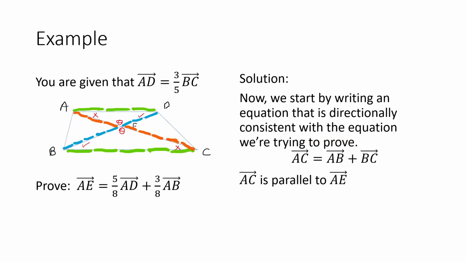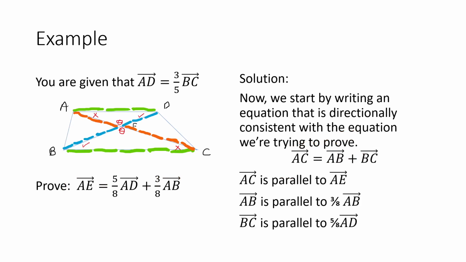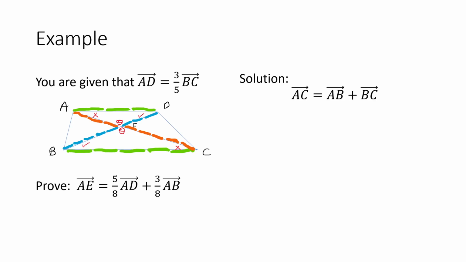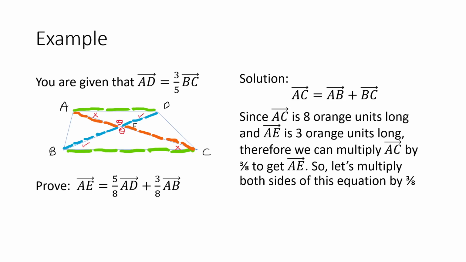Now, it says here AC is parallel to AE, AB is parallel to 3/8 of AB, BC is parallel to 5/8 of AD. Okay, so there we go. We begin our solution. Now, we know that AC, which is this whole long thing here, is 8 orange units long, and AE is 3 orange units long.